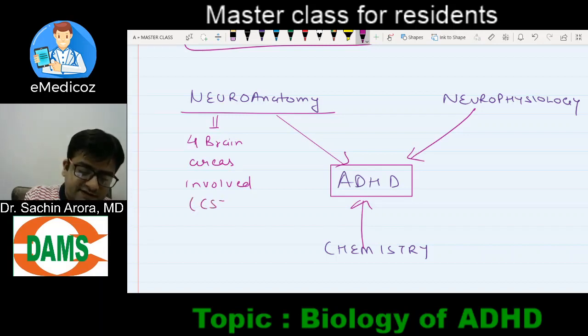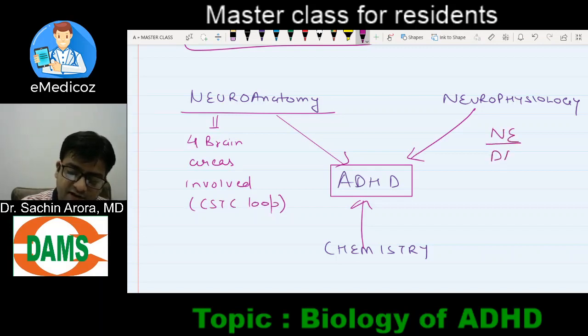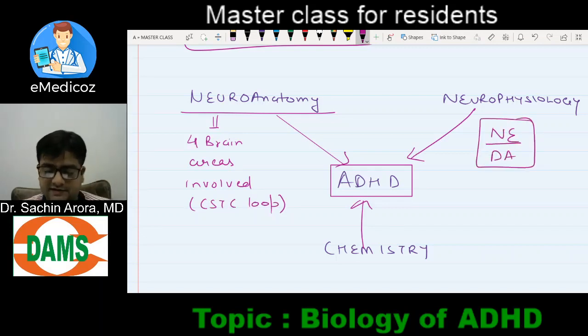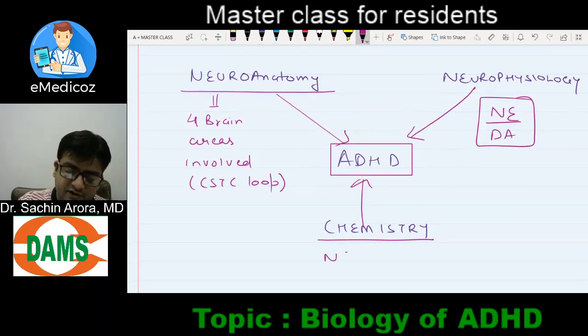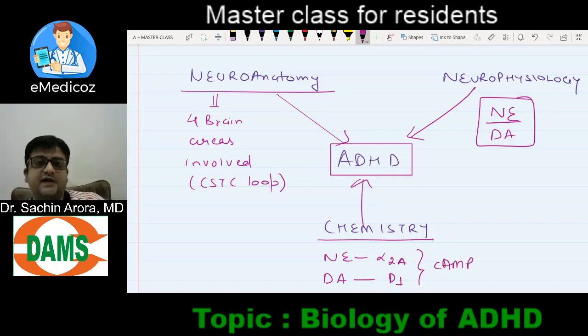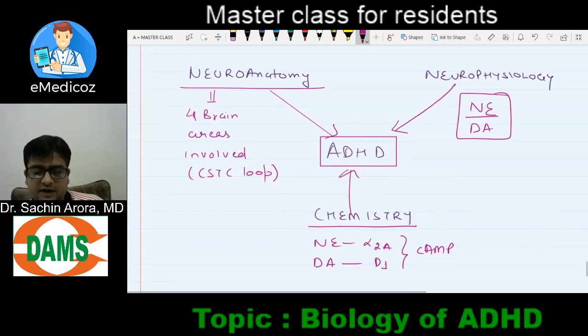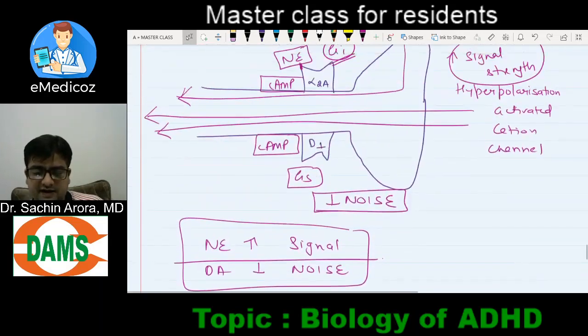Main involvement is CSTC loop, neurochemistry, norepinephrine and dopamine system, and neurophysiology and neurochemistry related to norepinephrine binding to alpha 2A receptor, dopamine binding to D1 receptor, both working via cyclic AMP, and hyperpolarization activated cation channel. Okay, this is a summary of the biology of ADHD.